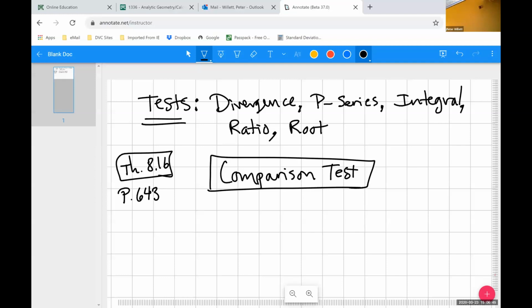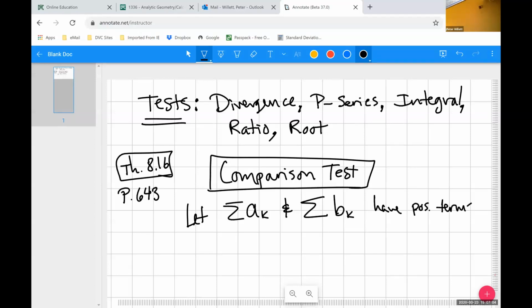So again, these are going to have positive terms, but it says let the summation of A sub k's and the summation of B sub k's have non-negative or positive terms. And then it goes through those two comparative possibilities.